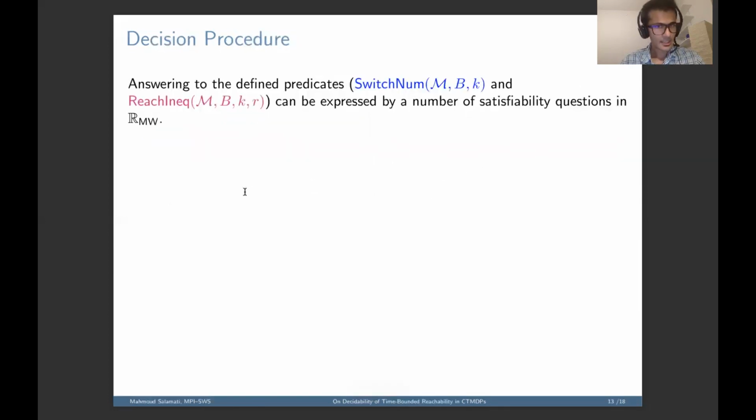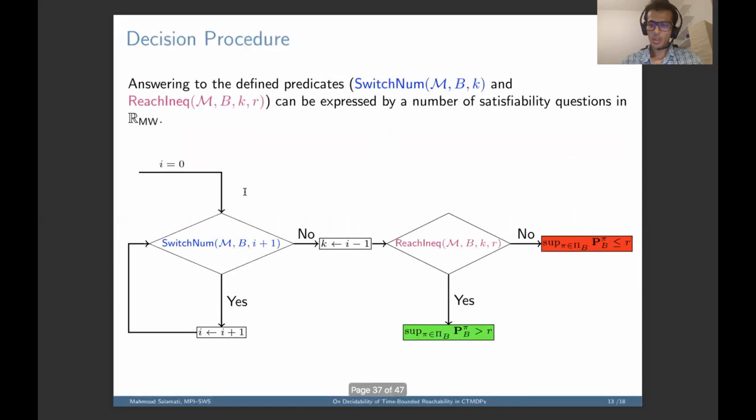Because answering both predicates defined in the previous slide can be expressed by a number of satisfiability questions in the theory of reals augmented by exponential, sine and cosine functions, we can present our decision procedure by this flowchart.